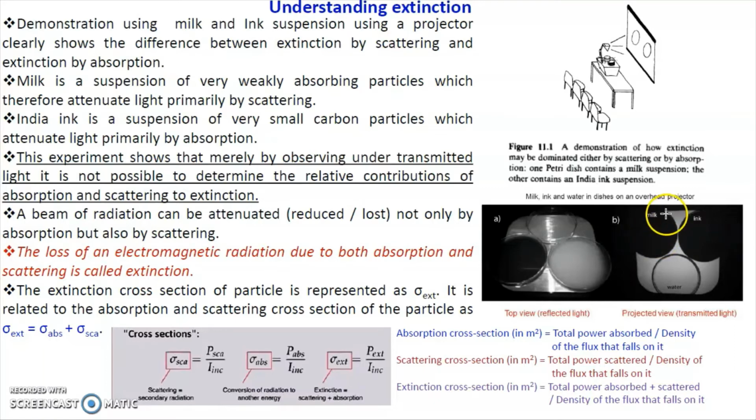Because of that, the light incident from the top is not reaching the bottom of the milk, and so you see that the milk is also black in color when we see it in the transmitted light.